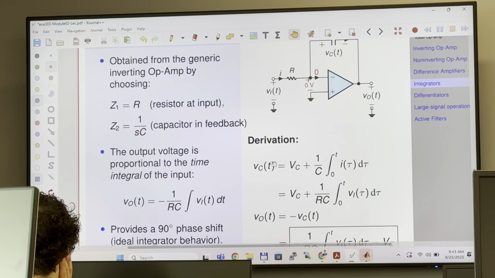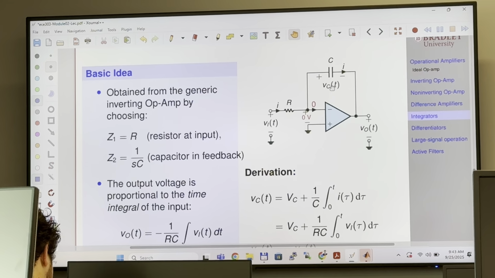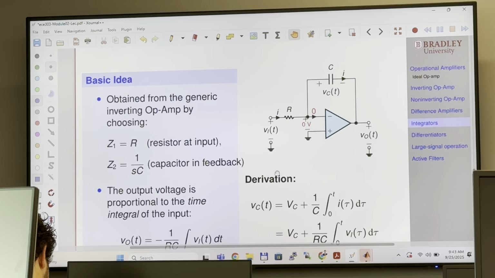So here I have a derivation, so that the voltage across this capacitor is going to be the initial condition. So this is the initial condition.